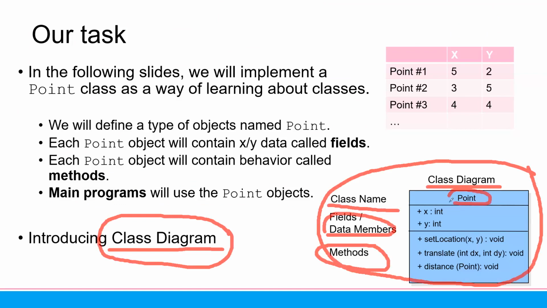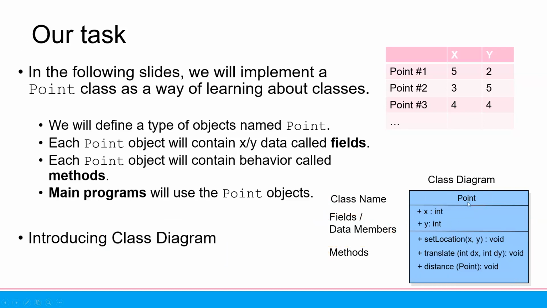The upper part is the class name. The second part is the fields or data members. The third part is the methods or functions. So there are 3 parts: class name, fields or data members, and methods or functions.